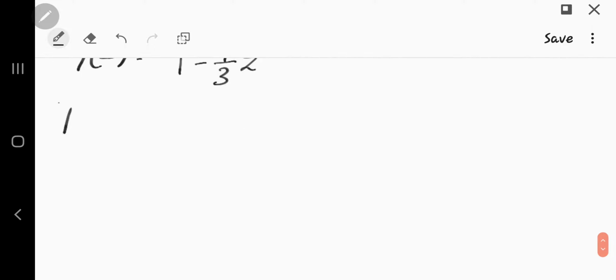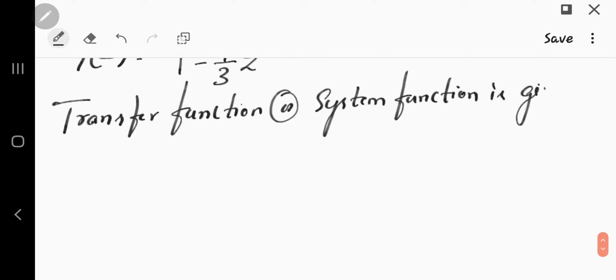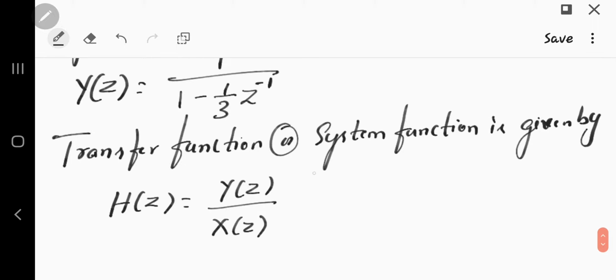So the first one is transfer function or system function is given by h of z is equal to y of z by x of z.